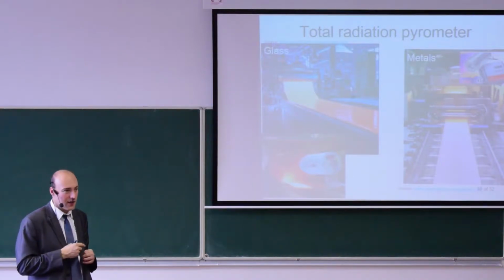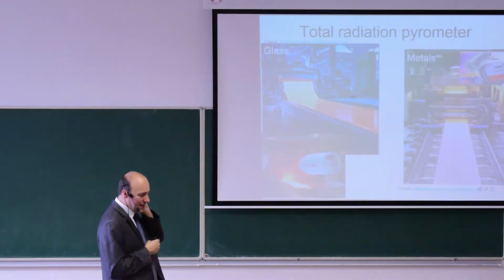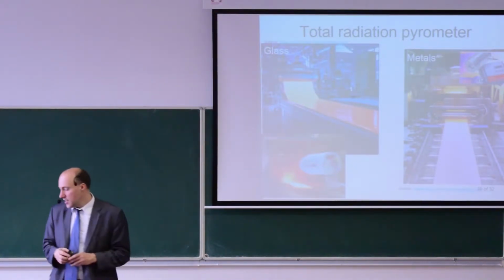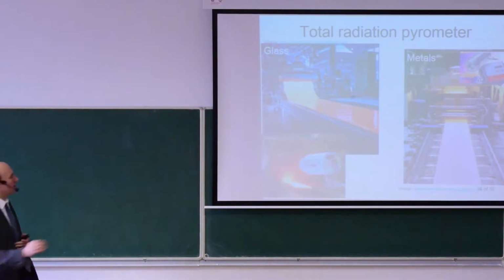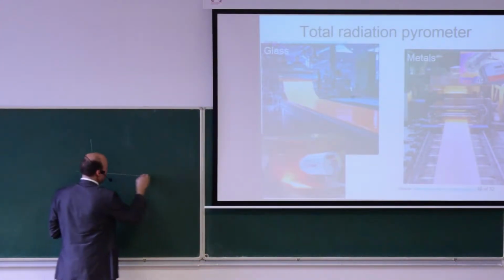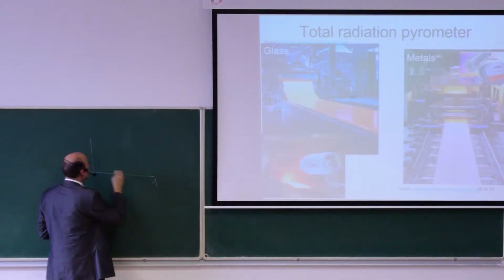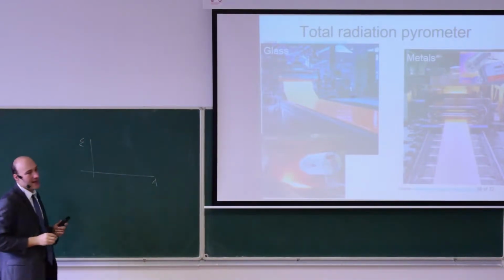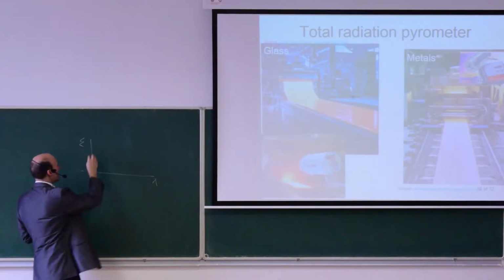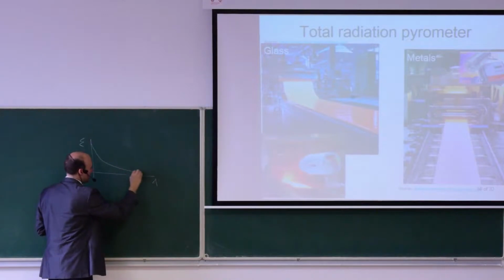And it's quite significant. For example, for metals, the emissivity, if you have here the wavelength, and here you have emissivity, then typically for metals it is looking like this.